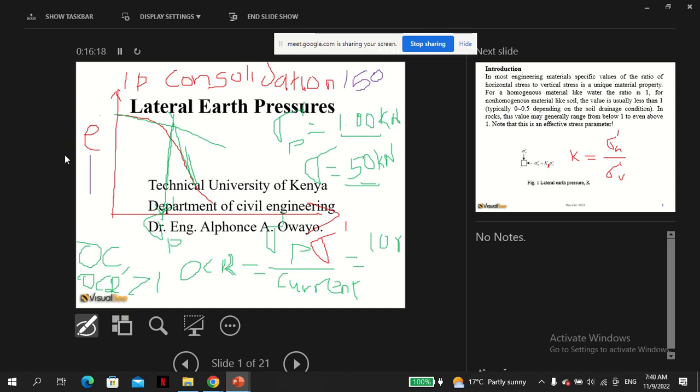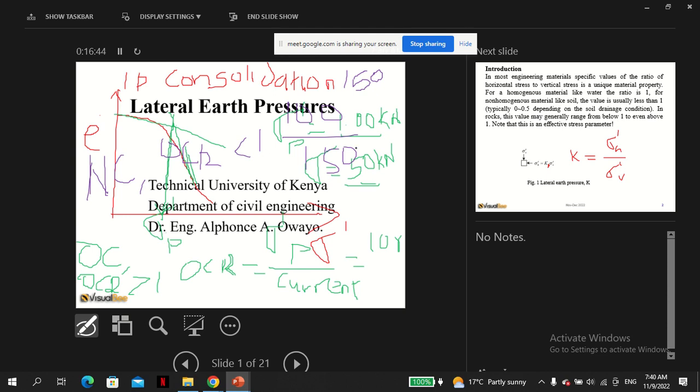So for normally consolidated clay, the OCR value is 1, because the pre-consolidation stress would be 100 and the current load would be 150. So please note that difference.